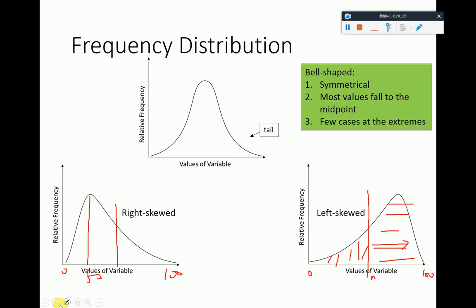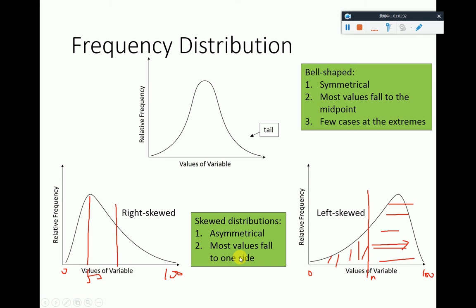So there are common properties between these two skewed distributions. Of course, they're asymmetrical. That means if you impose a center line and you flip this portion of the distribution to this part, they will not overlap. So that's why they're asymmetrical. And as I just said, most values will fall to one side.